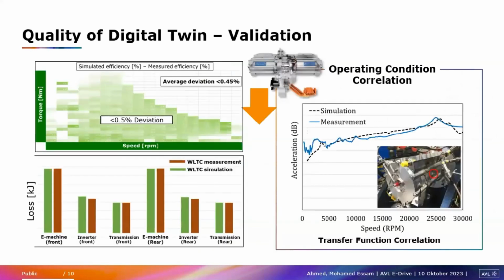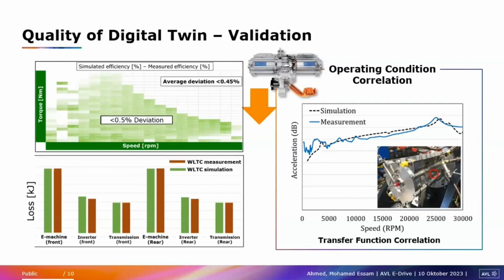Then some correlation of the quality of this simulation and optimization. We can see here one EDU where we compared, for example, the simulated efficiency to the measured efficiency, with an average deviation of less than 0.5%. We might argue whether 0.5% in efficiency is too much or too low, but what was important is how it correlates at local operating points, because that matters, for example, for the cycle.